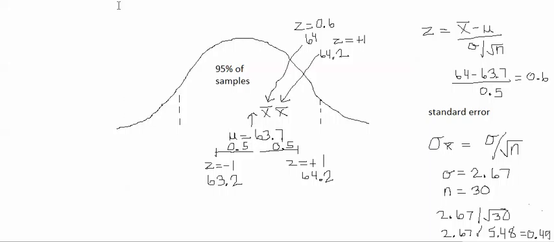Down here would be the lowest 2.5% of the samples, meaning this would be the samples of 30 that would give the lowest sample means.